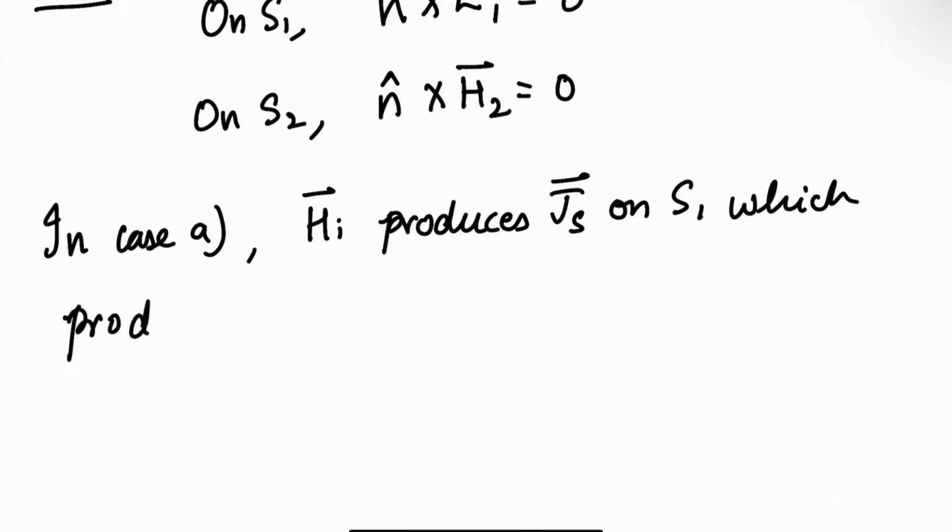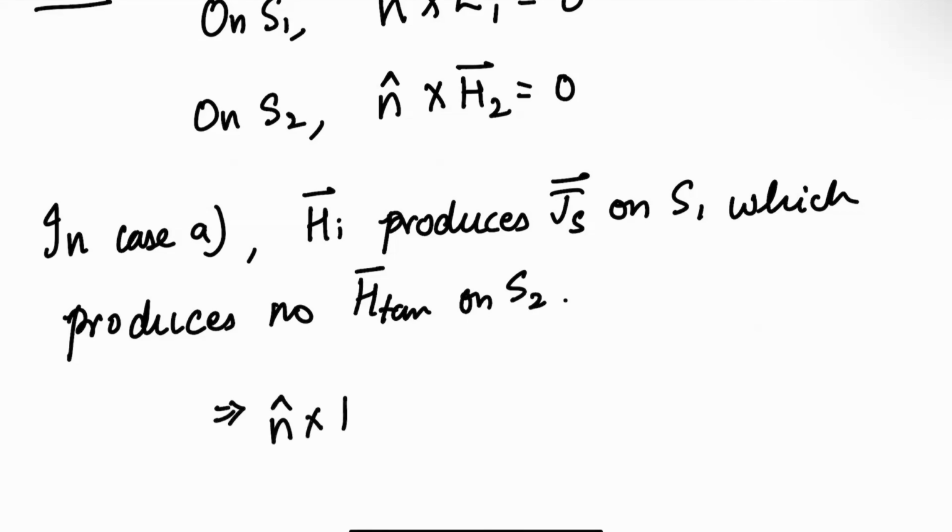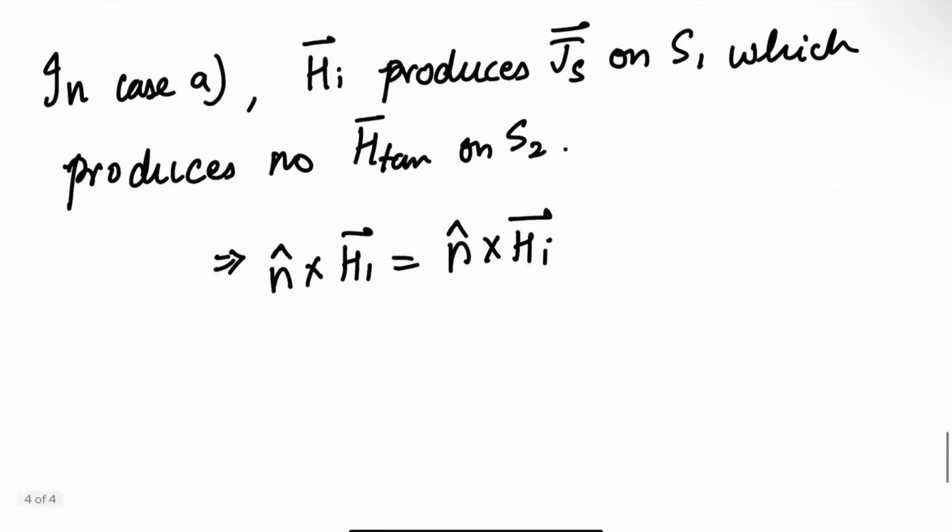Which produces, no, it's tangential on S2. It implies that n hat cross H1 is equal to n hat cross Hi. The tangential component of H1 and Hi on S2 are equal.